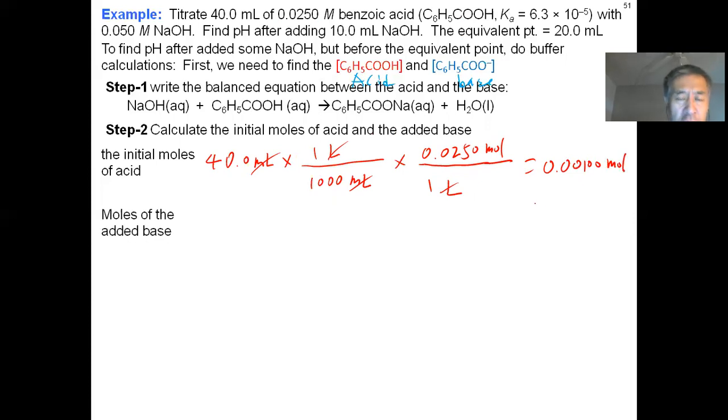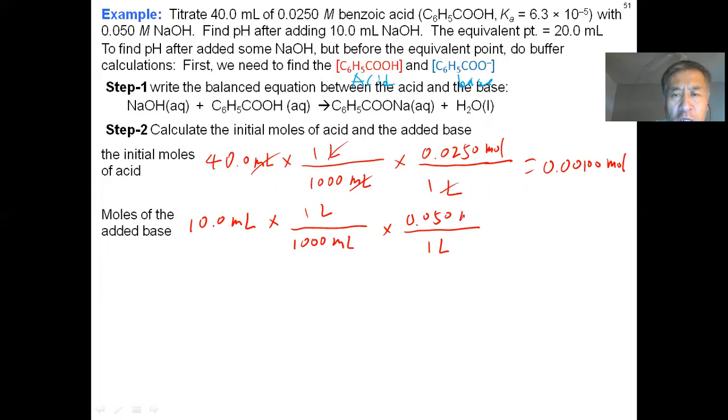So next, do a similar approach: calculate how many moles of the added strong base. The volume we added is 10.0 milliliters. So using the same conversion fraction, 1 liter equals 1,000 milliliters, and then we also use the molar concentration for the NaOH, which is 0.050 M. So therefore, we get 0.00050 moles.